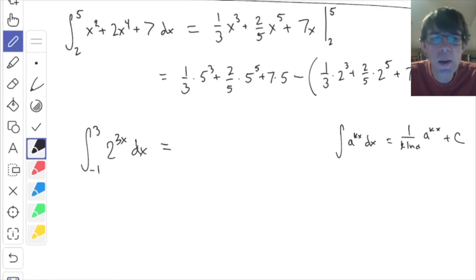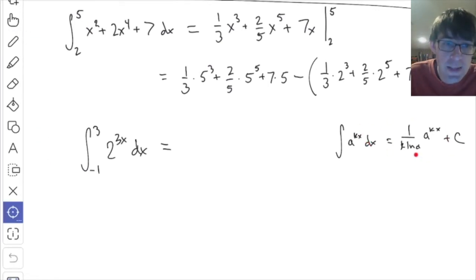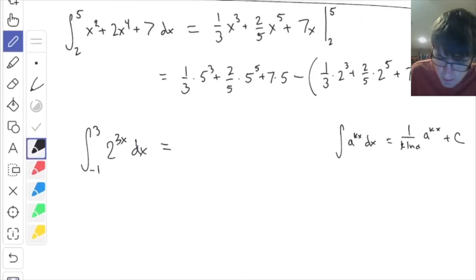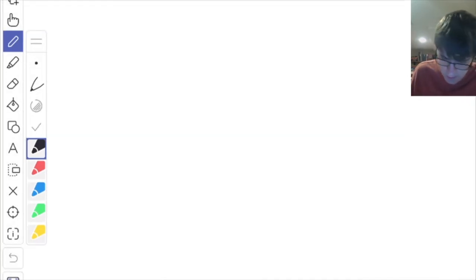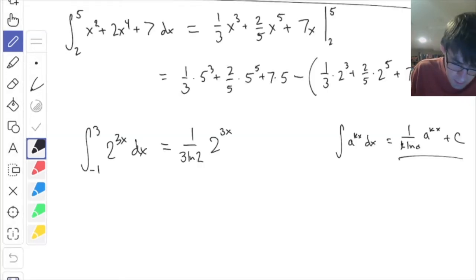I'm going to use this formula to do this antiderivative, where playing the role of a is this number 2, and k is 3. So it becomes 1 over 3 ln 2, times 2 to the 3x. And then I put the bar, -1 and 3.